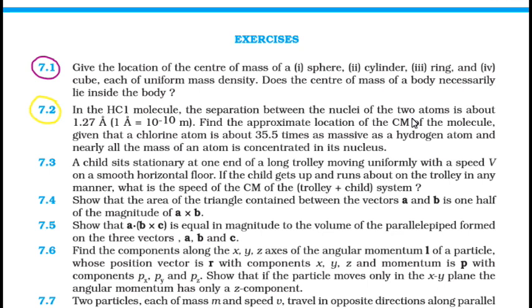Find the approximate location of center of mass of the molecule, given that the chlorine atom is about 35.5 times as massive as hydrogen atom, and nearly all mass of an atom is concentrated in its nucleus. So this is the question. Let us see what is the solution.